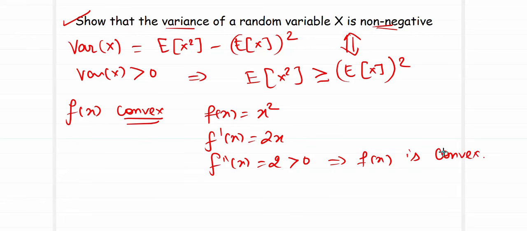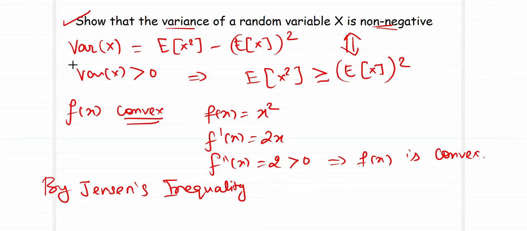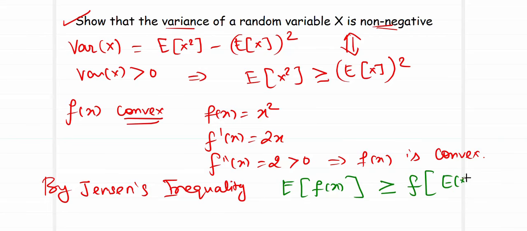And now I know that by Jensen's inequality, we have expected value of f of x is greater than or equal to f of E of x. So the rule is wherever you have the function x, replace it with E of x.